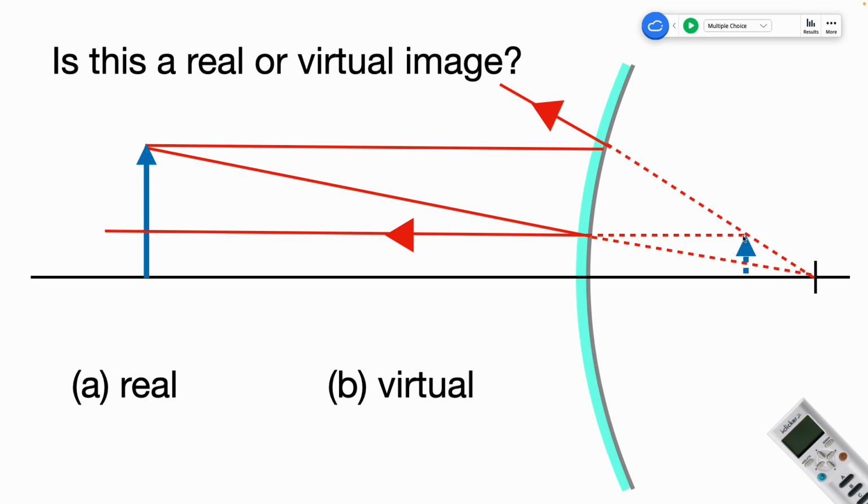Not true. You will see a lot of different scenarios. Any other question? Do not judge if the image is real or virtual based on the location or orientation or whatever.